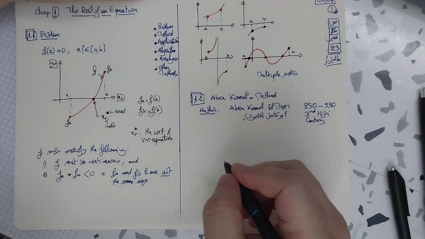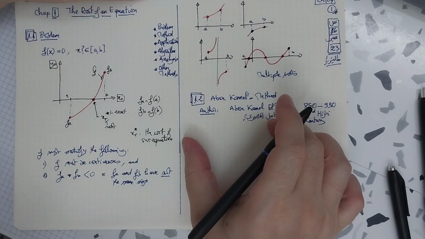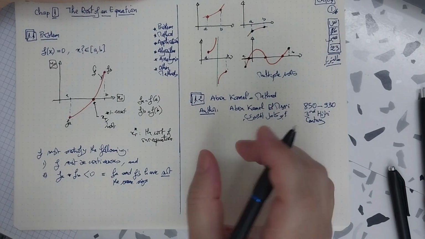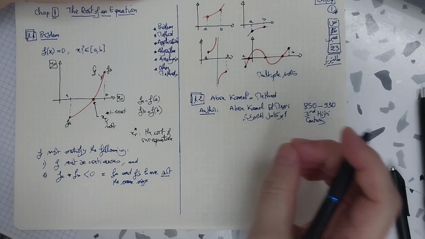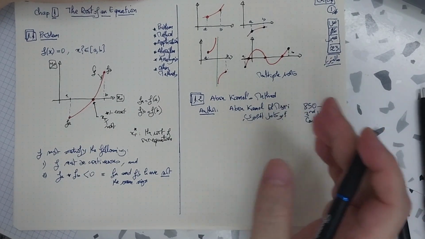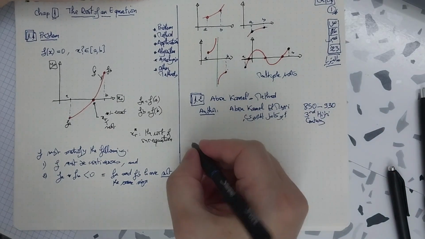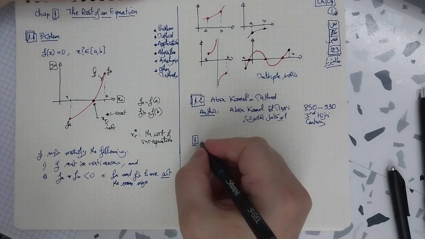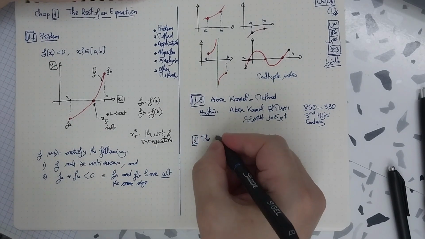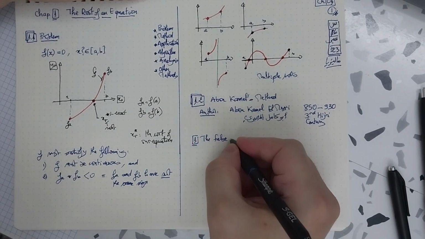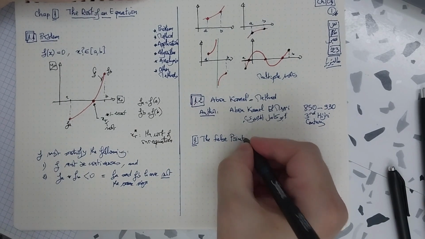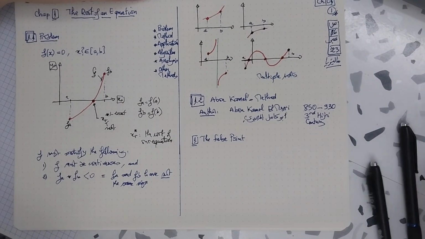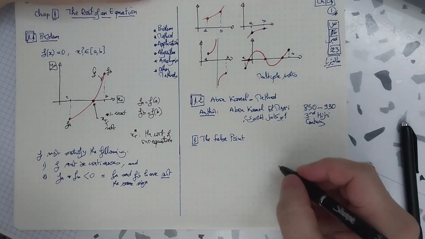So, the method starts with a false point, and the original title of his treatise is Bayn al-Khata'ayn, between the two false points. So we start with the false point. How the method works. So let's draw the x-axis.